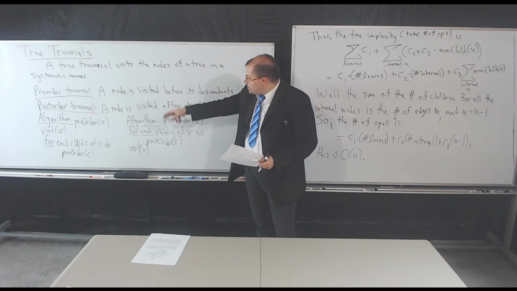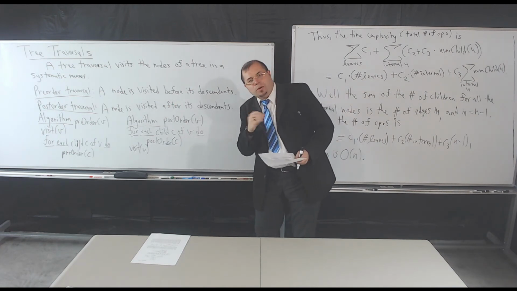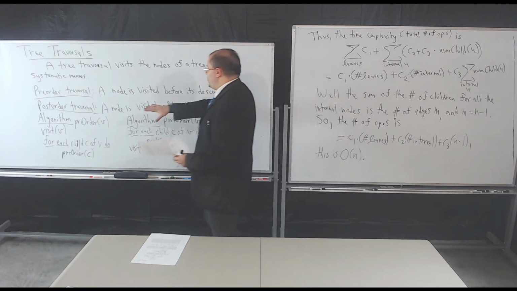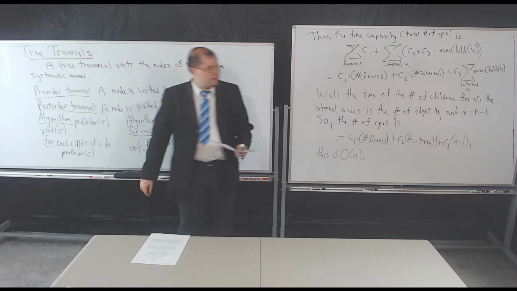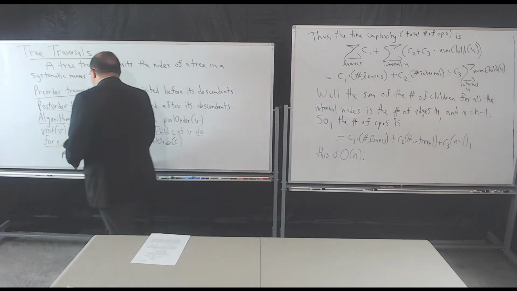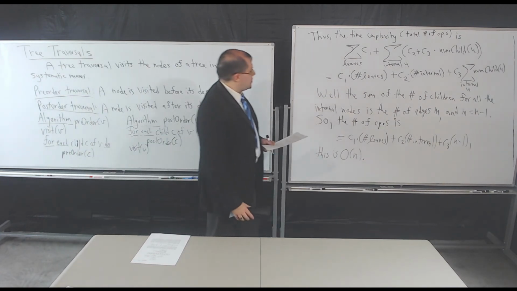What you do is you traverse the tree by considering either itself before its descendants or after its descendants. So this is the general framework for these two algorithms. In the pre-order, you visit yourself first and then each of your children, or in the post-order you do it after, okay?